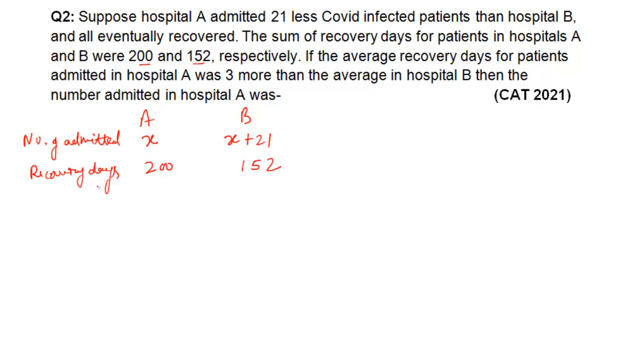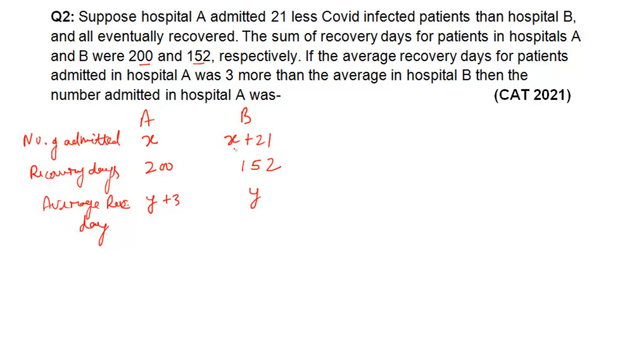Okay, and one more thing is given, the average recovery days for patients in hospital A was 3 more. So the average recovery days, if we say for B this is Y, then A has just 3 more, so Y plus 3, right?